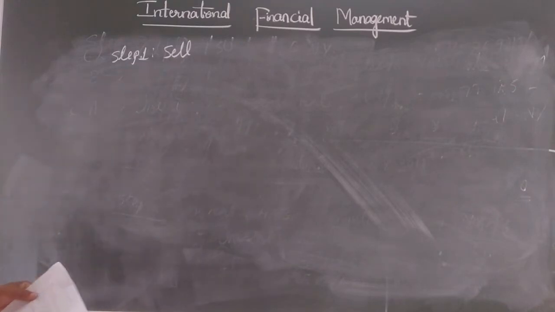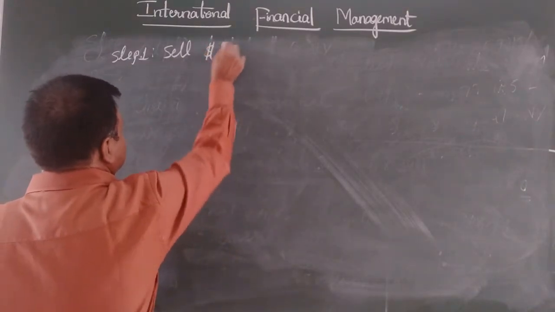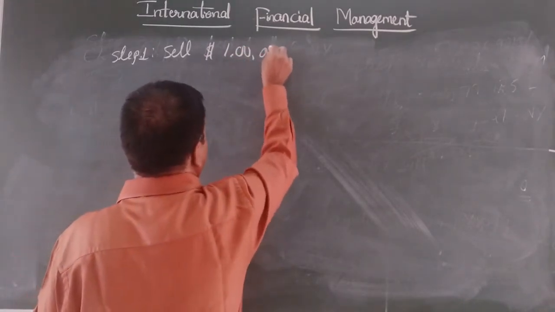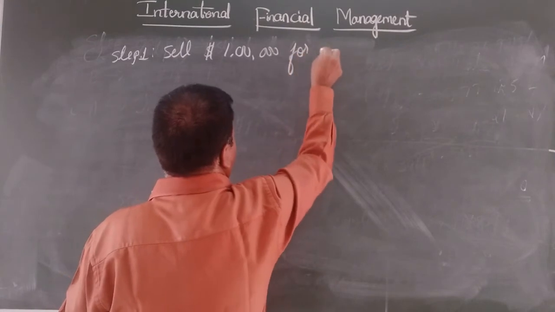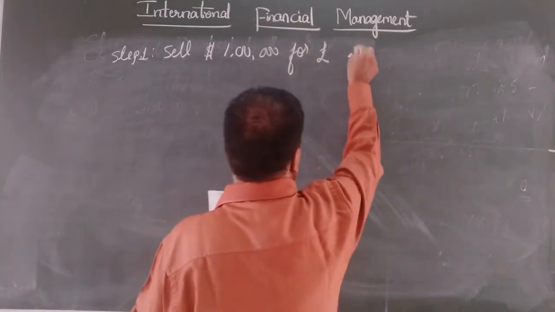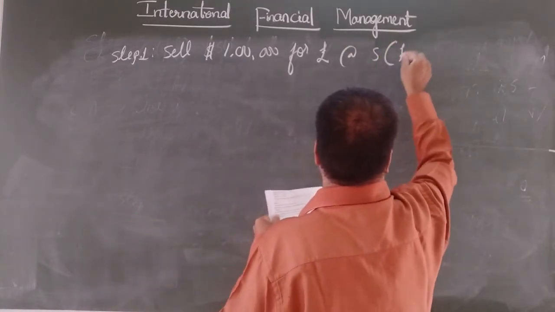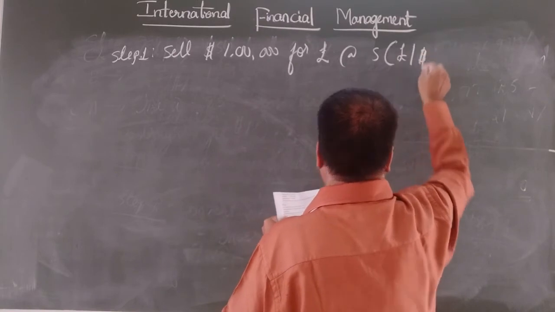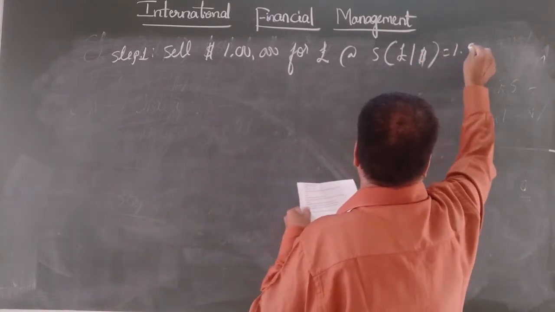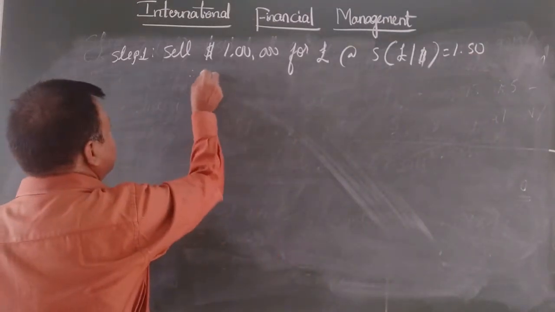Sell dollar 1 lakh for pound at the spot rate of pound by dollar equal to 1.50.